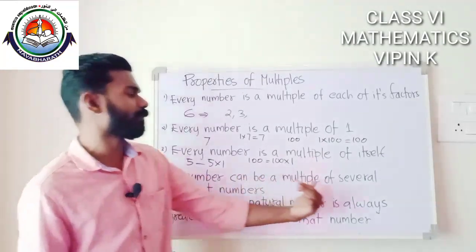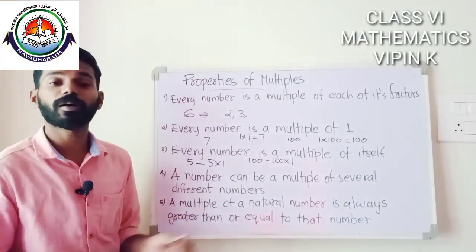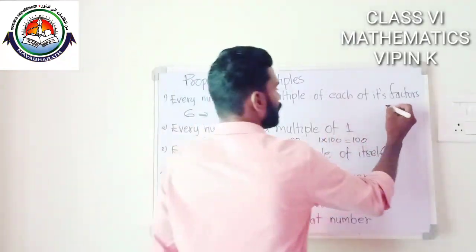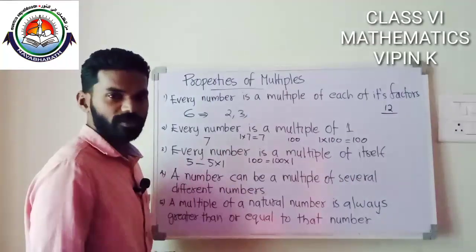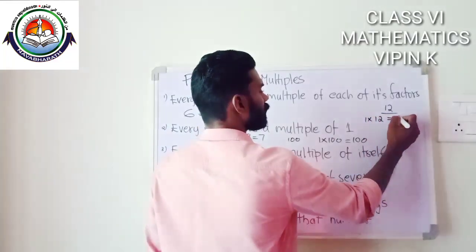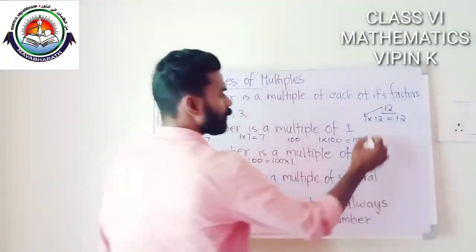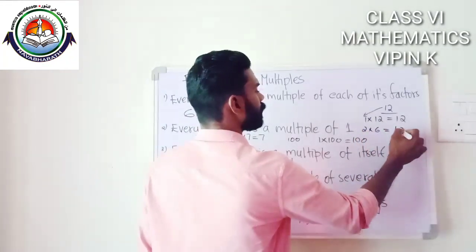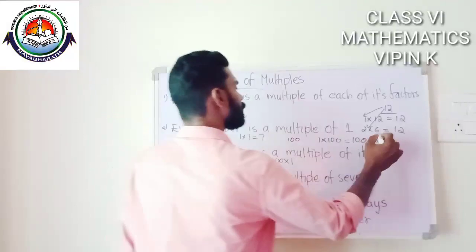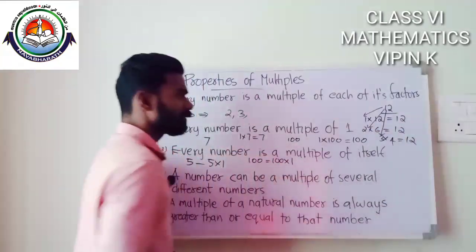A number can be a multiple of several different numbers. Let's take an example. Suppose I have the number 12. You know that 1 into 12 equals 12, so 12 is a multiple of 1. Now 2 into 6 also equals 12, which means 12 is a multiple of 2 also. 3 into 4 equals 12, which means 12 is a multiple of 3 also.